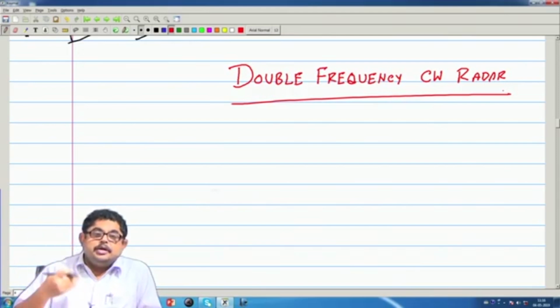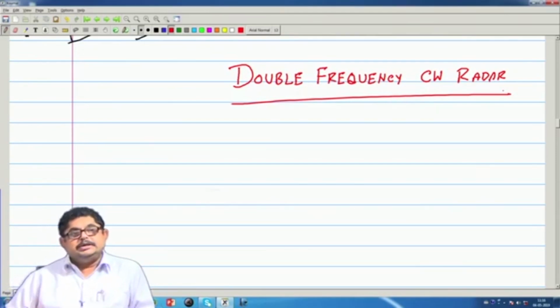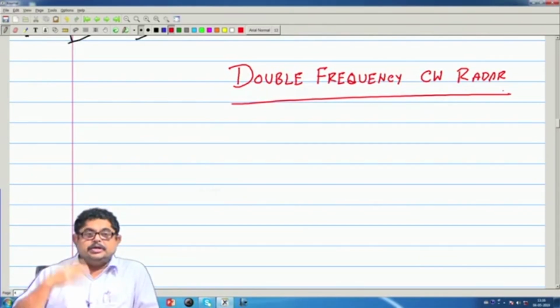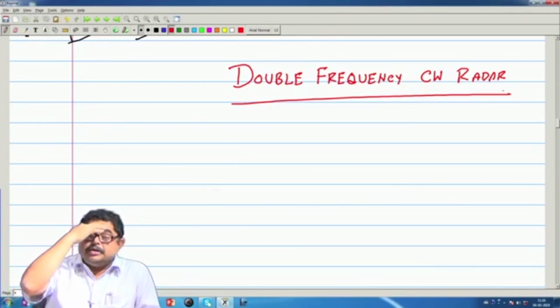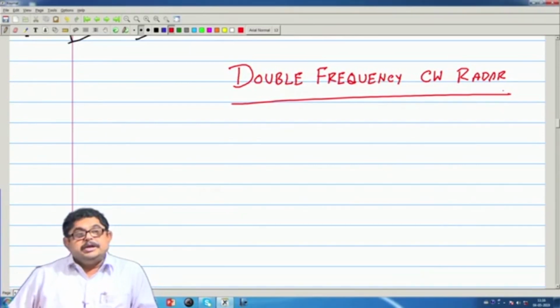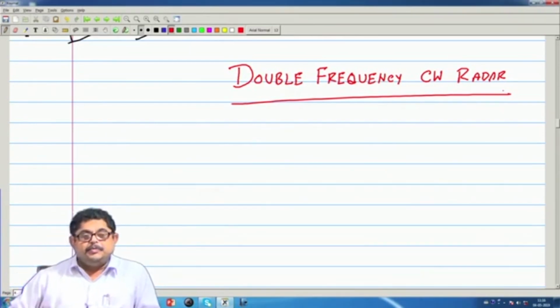Any wave, if it goes, there is a phase change, because we say that phase constant into the distance traversed. So, if it traverses toward distance, there will be correspondingly that beta into 2r, that type of phase change.